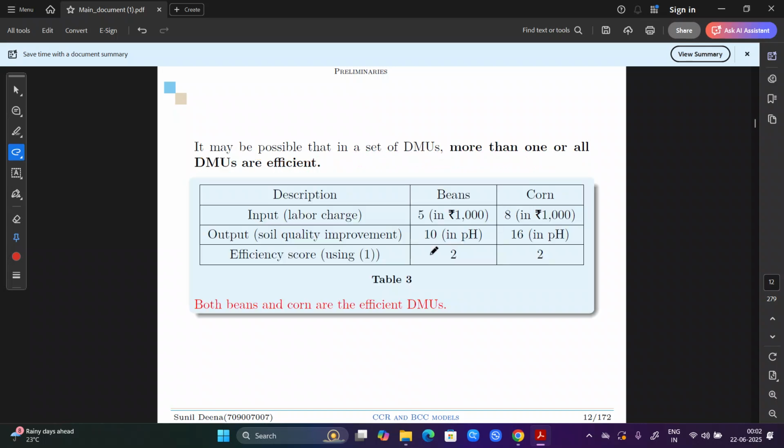In this case, for input the type is the same and the unit is also the same. For output, the type is the same and the unit is also the same. We got two DMUs efficient. It is not compulsory that only one DMU is efficient. In some cases more than one DMU may be efficient. Here both DMUs, that is both beans and corn, are efficient.